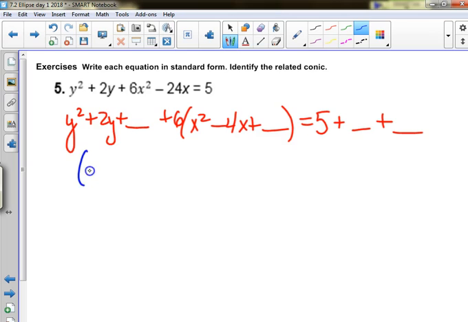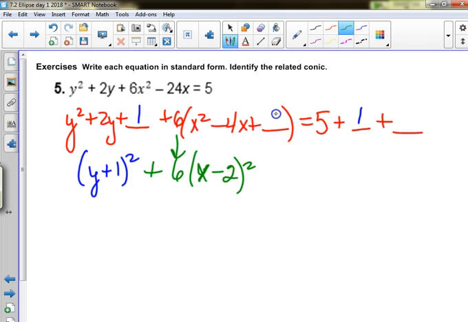First one, anybody? y plus 1, quantity squared, and this blank is a 1. Does it get multiplied by anything? No. But back here, I got this 6 I got to bring down, so this is x minus 2 squared, which is 4, and 6 times 4 is 24.